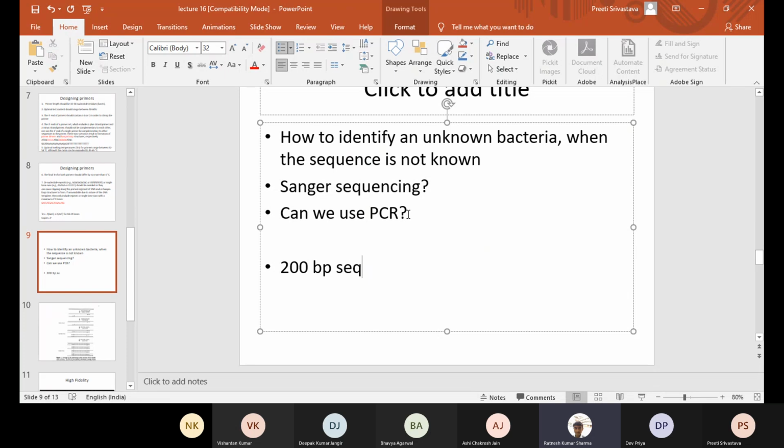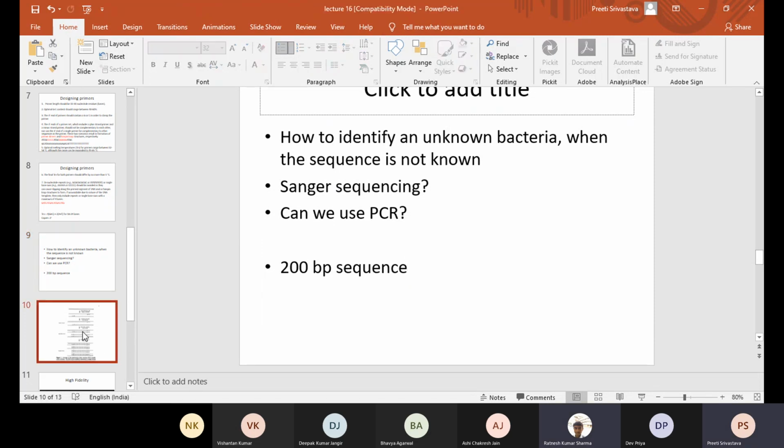That primer will be 20 base pairs. So in the next step, we will get a 180 base pair sequence. No. Why would you get 180? The primer is also there, no? Oh, okay, ma'am. Understood.